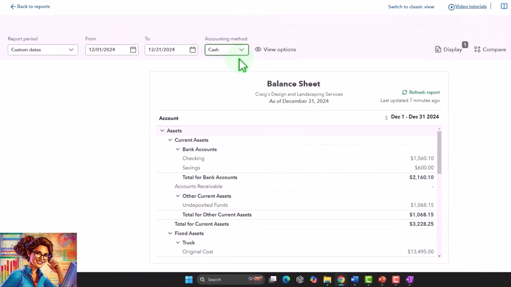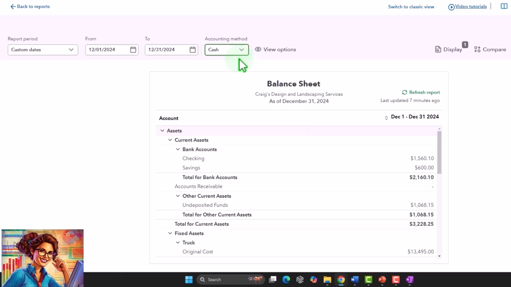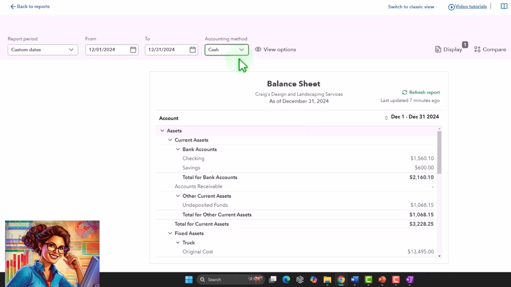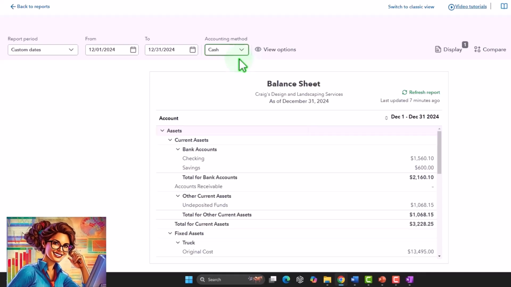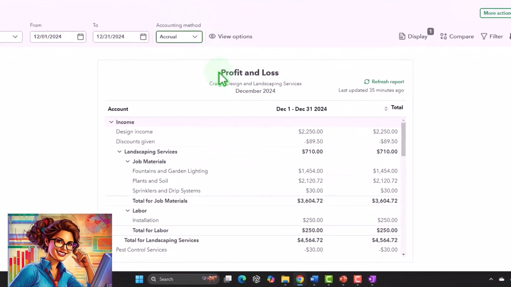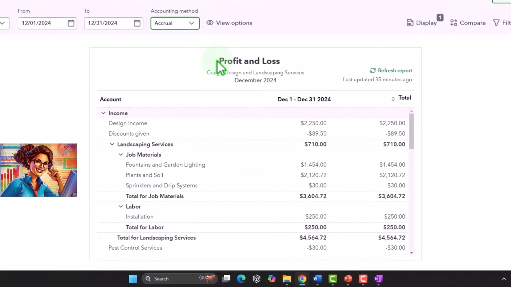Now note, what you're doing when you do that is kind of like switching to a cash flow basis, which is kind of what the statement of cash flows does. You will recall that we have the two major financial statement reports, balance sheet and income statement, or profit and loss, and then the statement of cash flows.